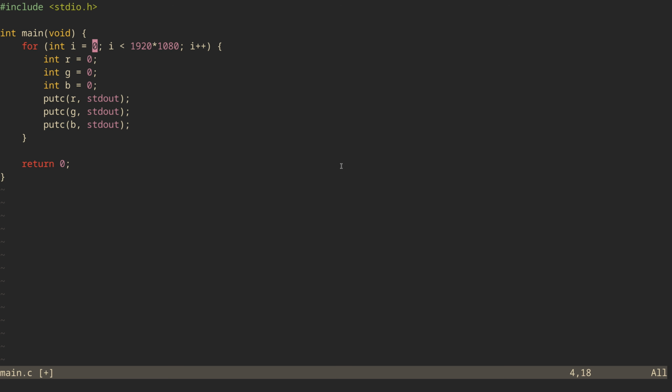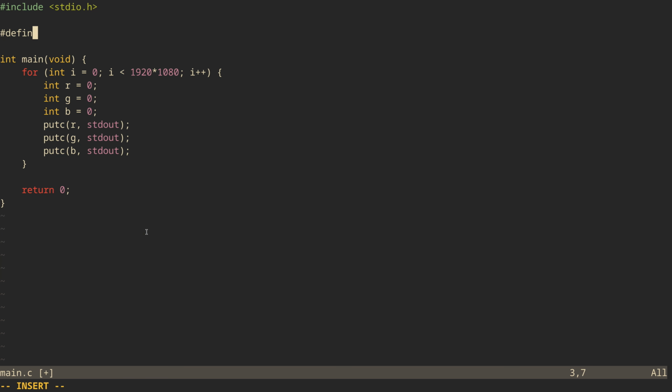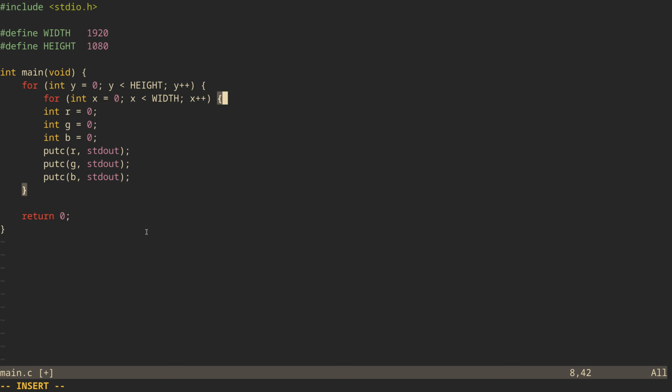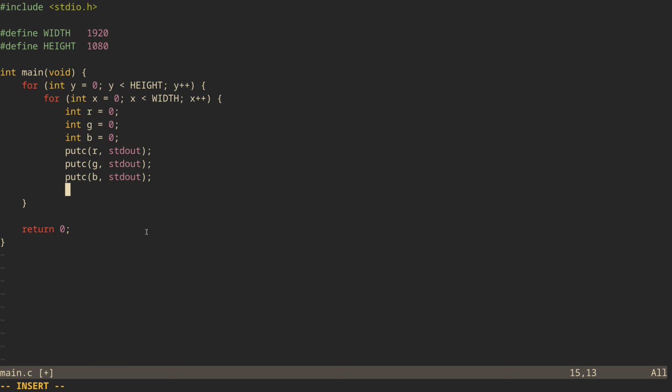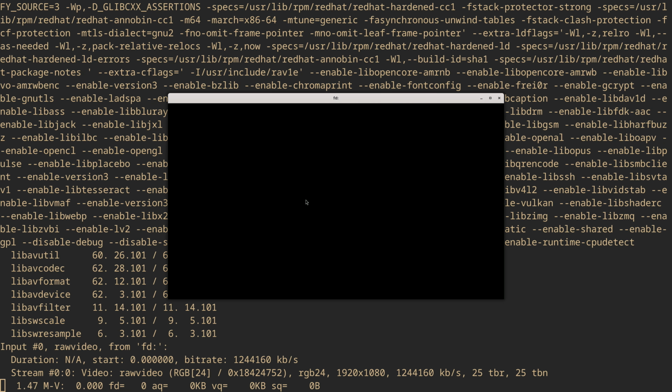So instead of looping over one loop, let's do 2 loops. One's going to go over X and one's going to go over Y. I'm going to define the width up here and the height. So that should have the same output.